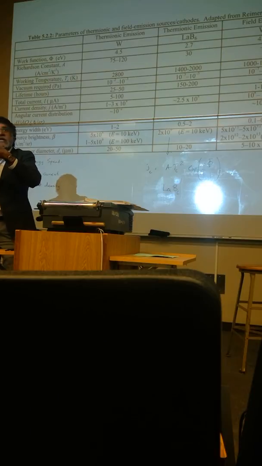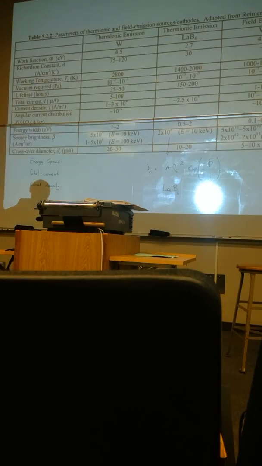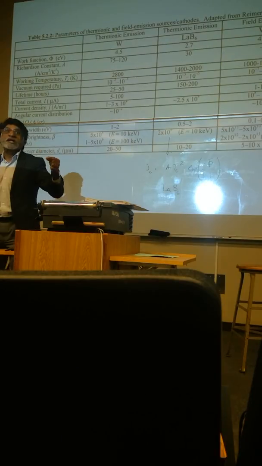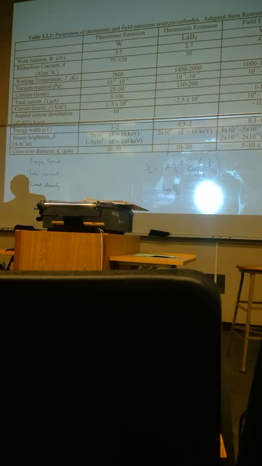Now the current density has both an advantage as well as a disadvantage. The advantage is that you can pump a lot of current into a small volume; the disadvantage is that you can pump a lot of electrons into this small volume. The reason is, in electron microscopes, you use very thin samples. When you focus the electron beam onto a very thin sample, if you're not careful, you start drilling holes in the sample.